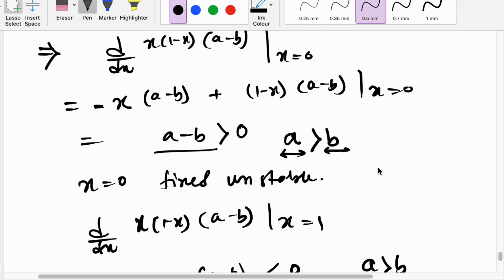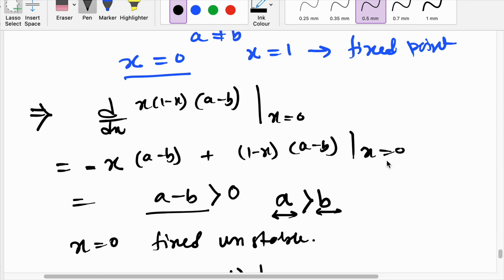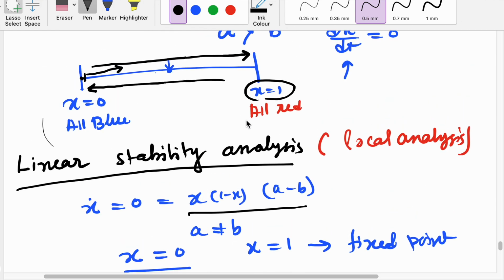It means when a greater than b, when the reproduction rate of the red individuals is greater than the blue individuals, x equal to 1, the all red state, is stable. That means if I replace one red individual by one blue individual, the population state always goes towards the all red state.